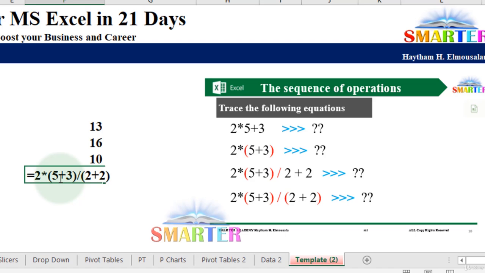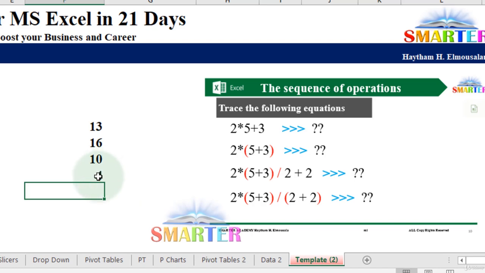The result will be 8. 8 multiplied by 2. The result will be 16. And parentheses make priority to addition over division. So here 2 plus 2 is 4. So 16 divided by 4, the final result will be 4.